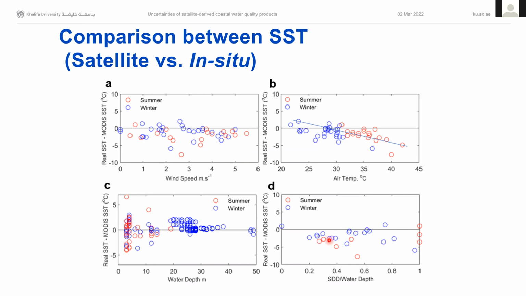Here we consider the turbidity, which is SSD over water depth, and we could see not really a direct correlation between the bias and the SSD over water depth.